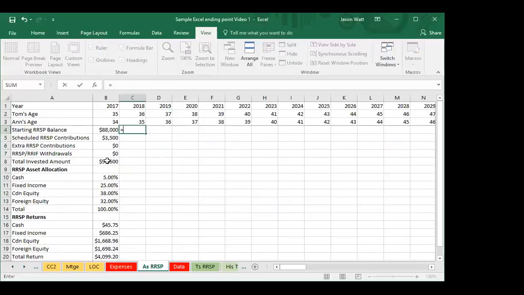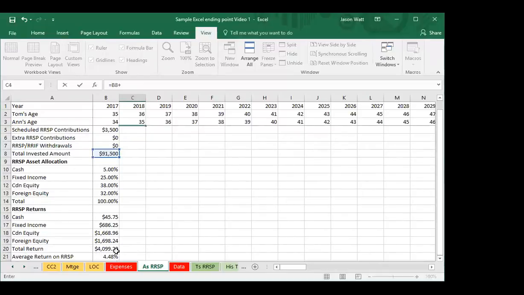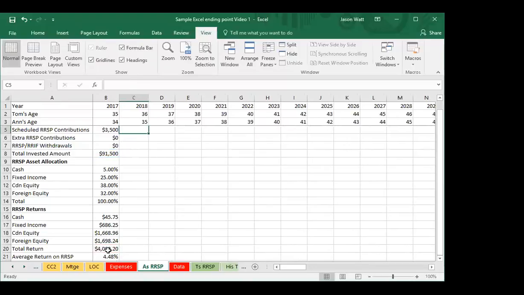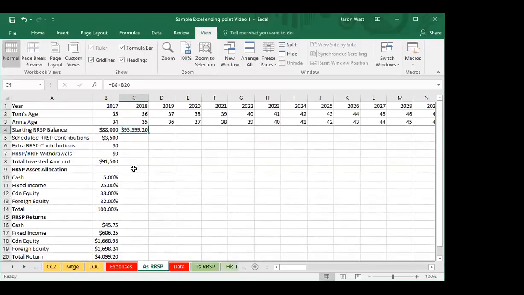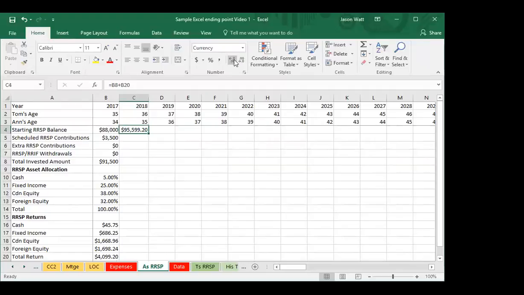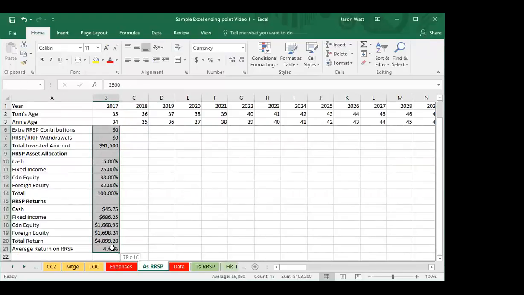So that's going to be the invested amount from last year, plus any new returns that we've generated. And that tells us what we've got now for the next year. And you'll recall that Excel defaults to 2 decimals when it's in a currency, so we'll just get rid of that. And copy that over.